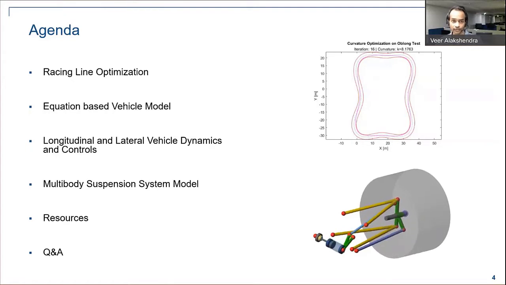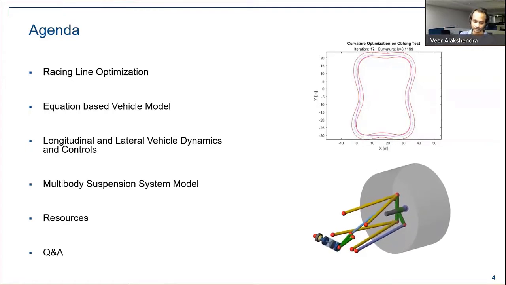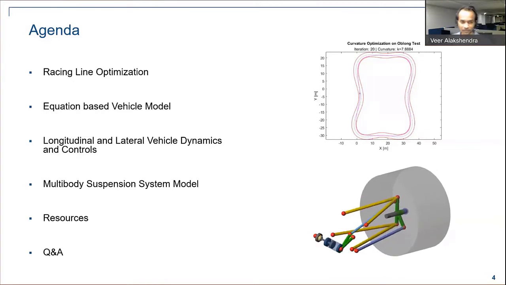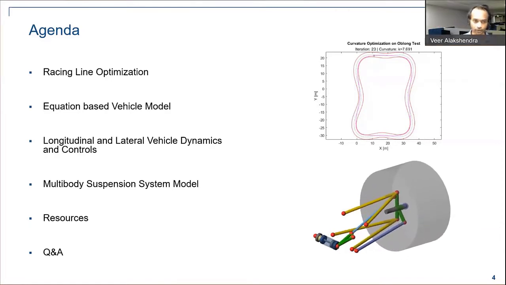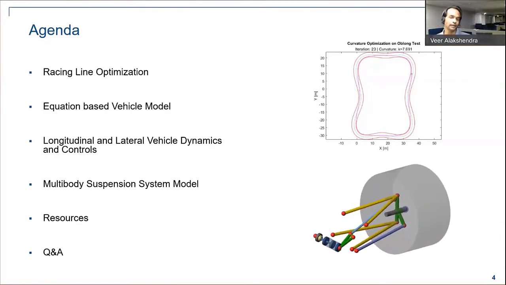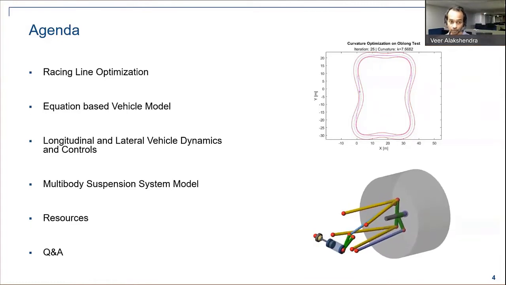We'll be talking about something interesting which we never used to talk about while introducing MATLAB, that is racing line optimization. We always used to talk about tire modeling, so this is one of the new pieces of content we have added to this webinar series. Then Sudhakar will be talking about an equation-based vehicle model. Then we'll move to longitudinal and lateral vehicle dynamics and also controls.